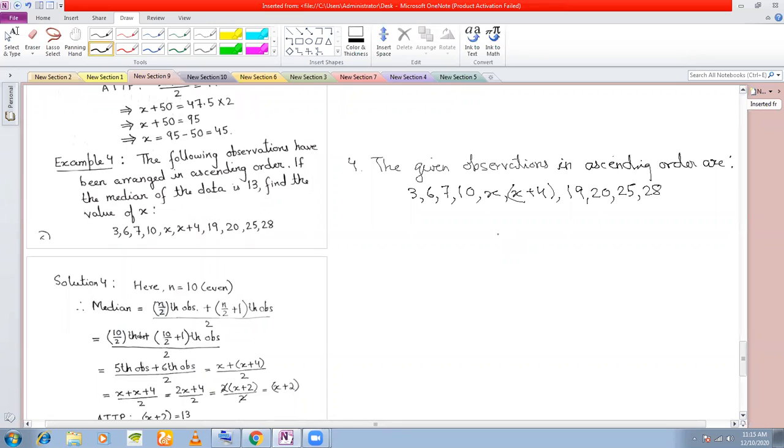These are the observations in ascending order. Count the number of observations. Here n is equal to 10, which is an even number of observations.